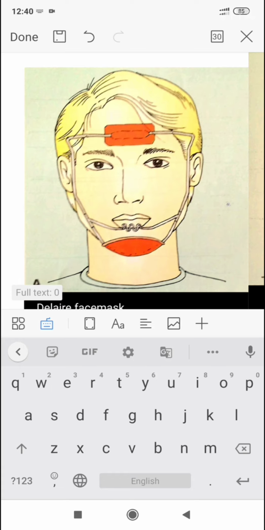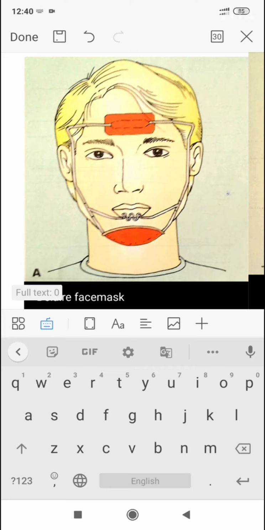The force applied for all these three appliances is 350 to 450 grams per side. Duration of wear is 12 to 14 hours per day.